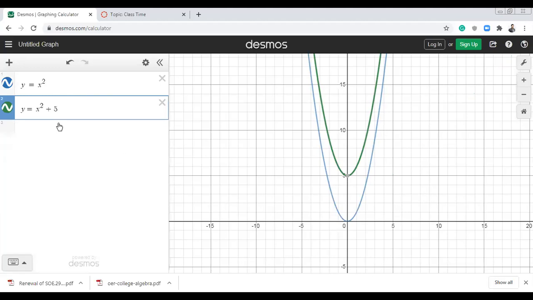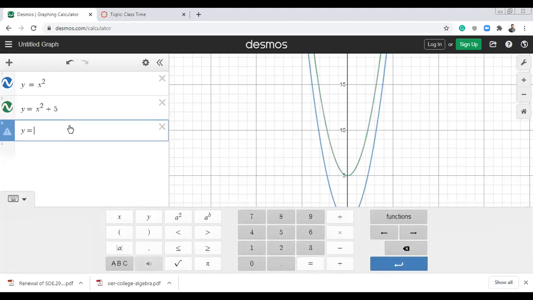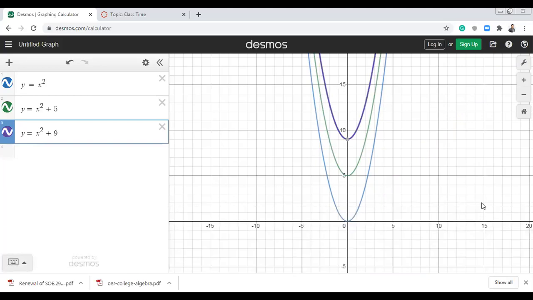If you want to shift the graph 9 units upward, we have y is equal to x square plus 9. You can see the third graph. The graph starts from 9, 9 units upward. Positive values, 9 units upward.